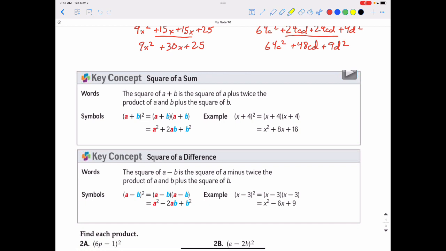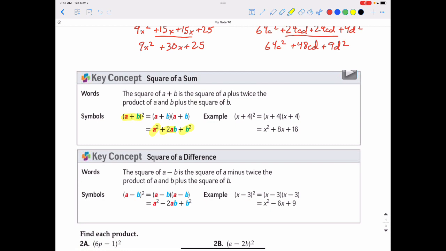So if it's (a + b) squared, you can get that by just squaring the first term. The second term is going to be 2 times the a and the b terms, whatever the first and the last terms put together. And then the b squared comes from just squaring the last term.